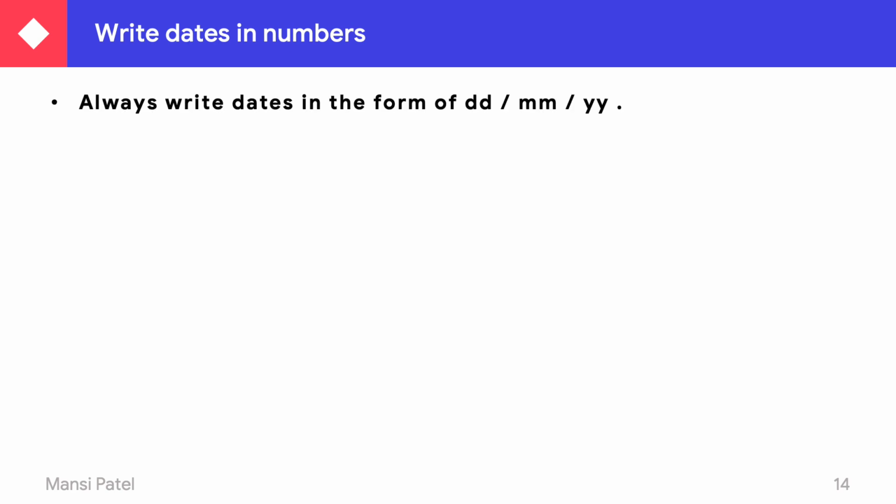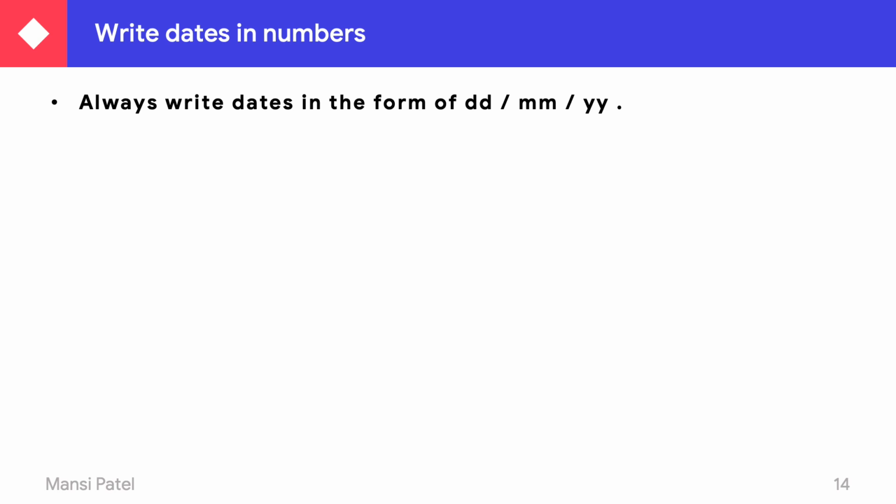Now in this question you have to write dates in numbers. Here I am giving dates in words and you have to convert these dates into numbers. So whenever you have to write any date in numeral form, you have to follow this sequence. DD means you have to write the date in 2 digits, then slash, mm.